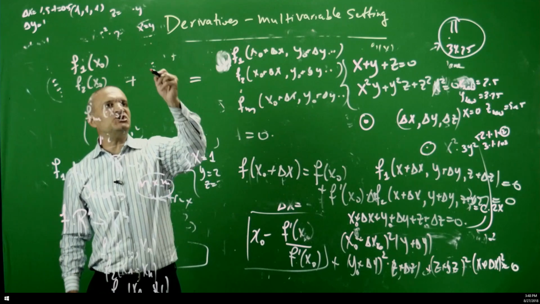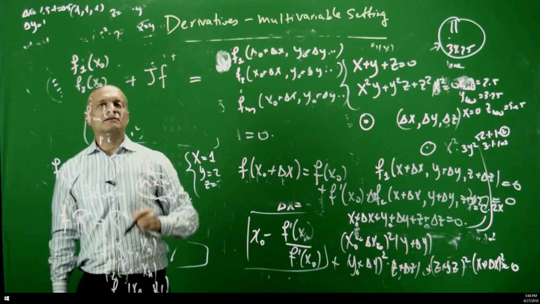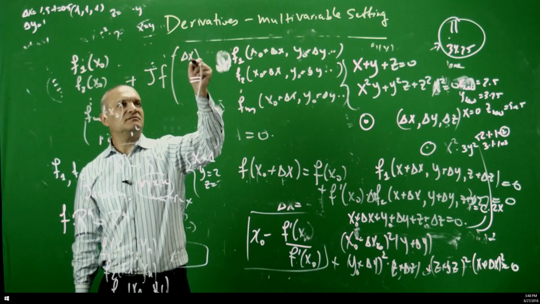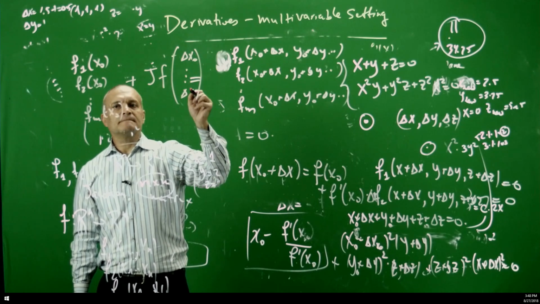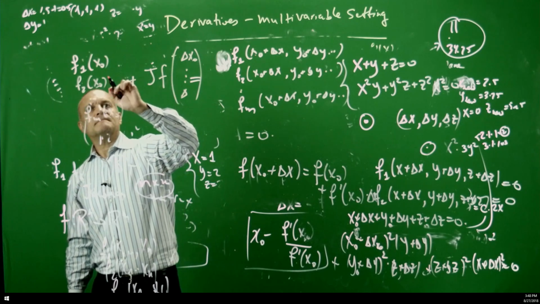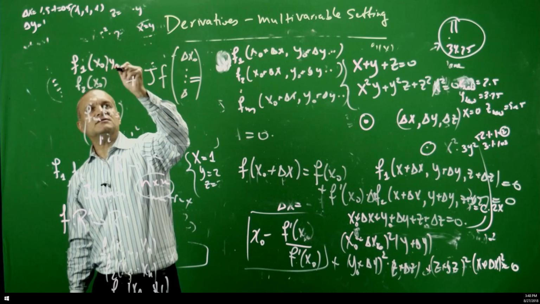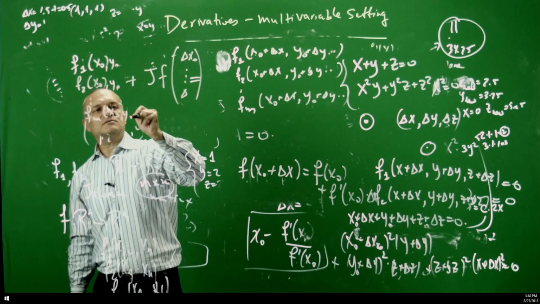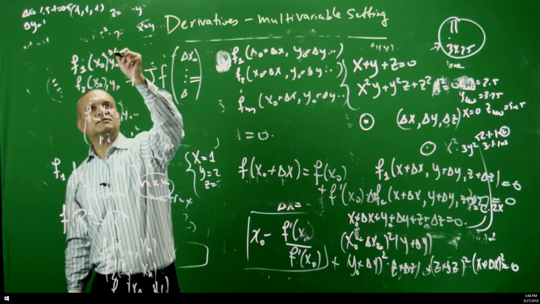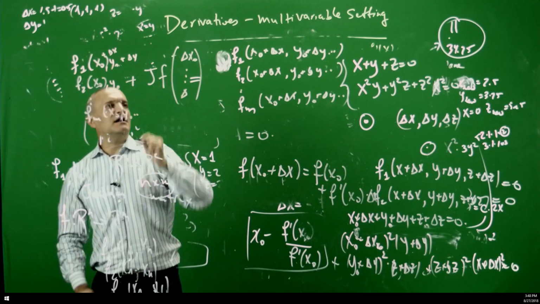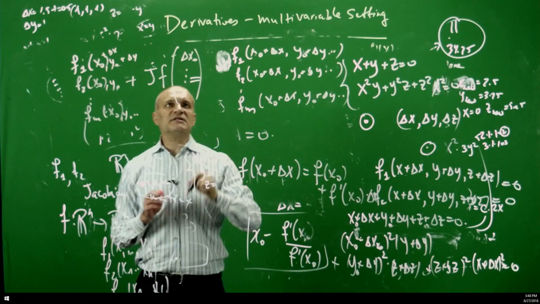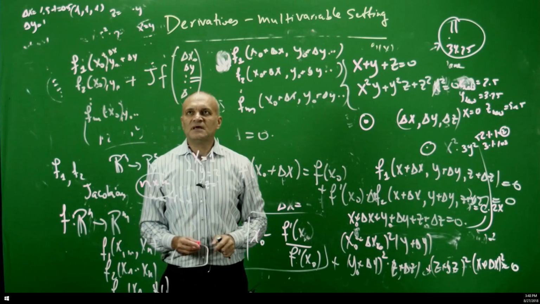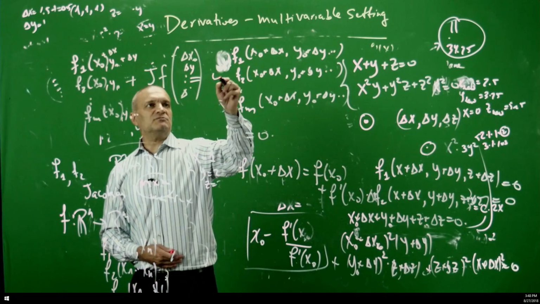I'm going to take the Jacobian and multiply it by delta x, delta y, and so on. And this must be equal to 0.